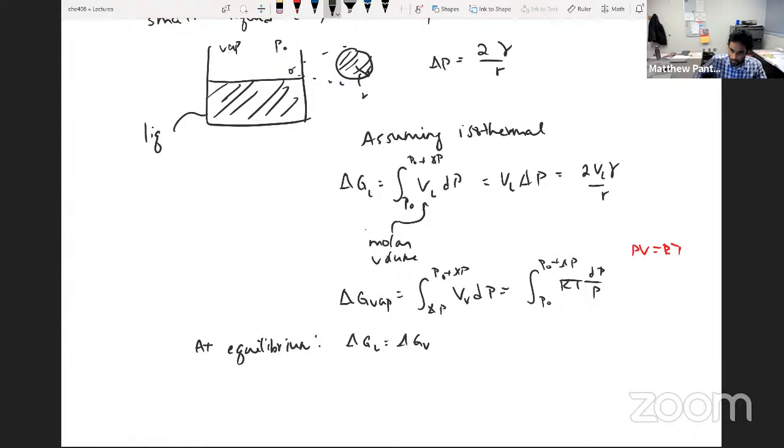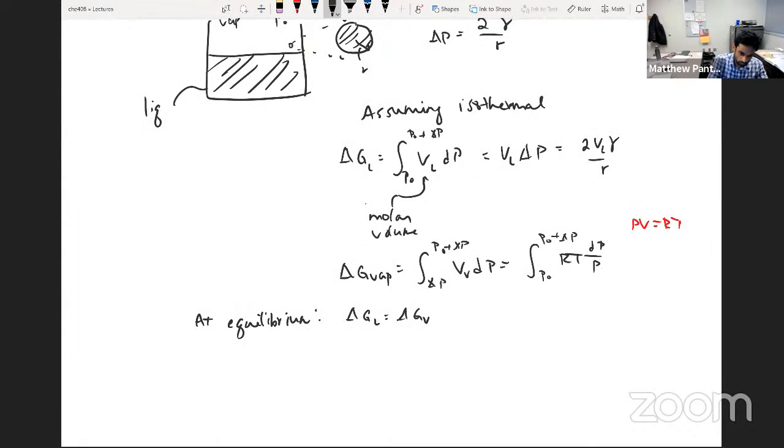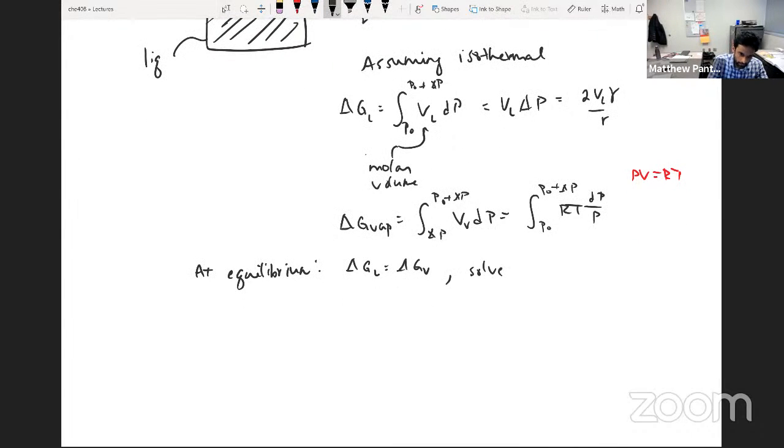And we can solve, and we will get that 2 VL times the surface tension over the radius of our droplet equals RT log P over P naught, where we're saying this P is our P naught plus delta P. And remember, this delta P is the Laplace pressure.